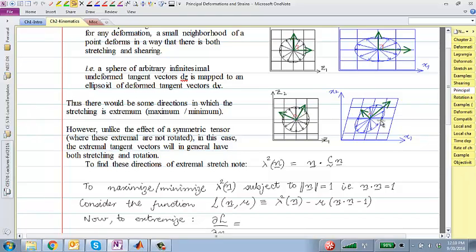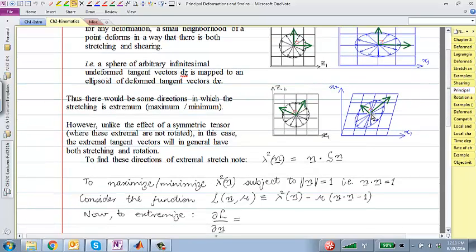So if we can find the directions in which the stretch is minimum or maximum, those would be those directions. So stretch in any direction is written as lambda square is equal to n dot with Cn.